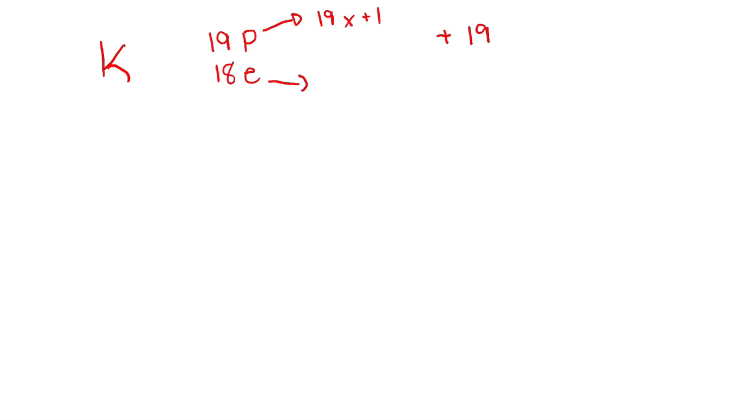And we have 18 electrons that have a -1 charge, negative charge. So minus 18. So you're adding integers here. We have a +1 net charge. So overall, the ion is positive. It has one more proton in comparison to electrons.